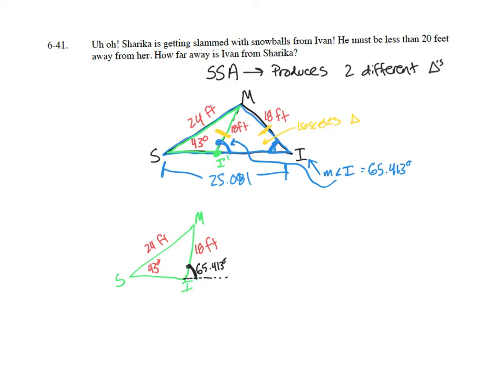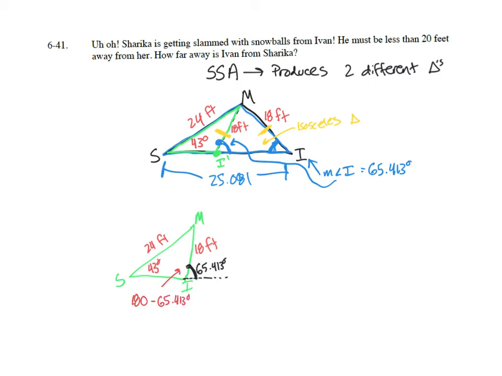I know that that's 65.413 degrees, and the reason that's important is because I can find the other angle just on the inside, or this angle right here, by taking 180 degrees and subtracting 65.413 from 180, because those would form a straight line as such.